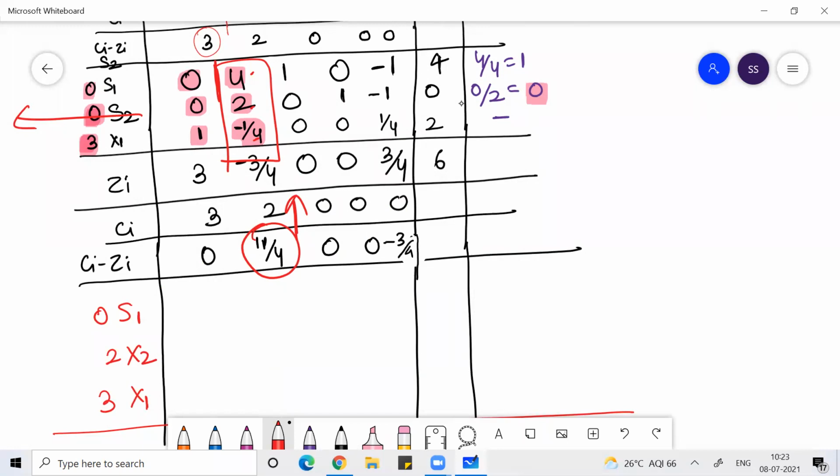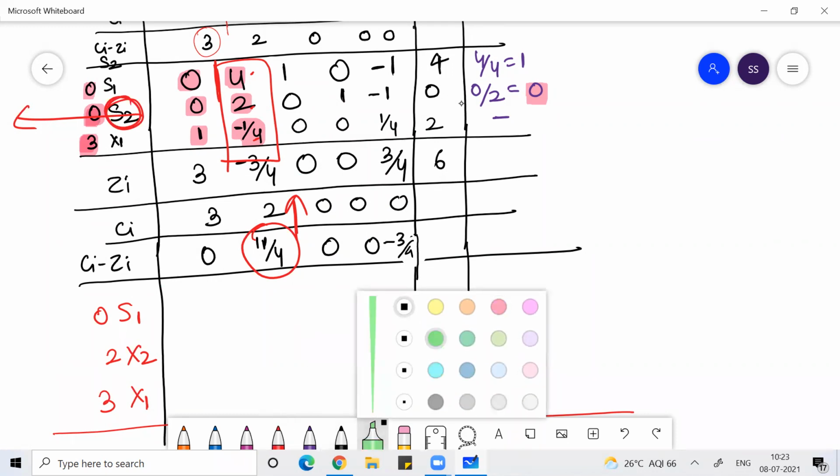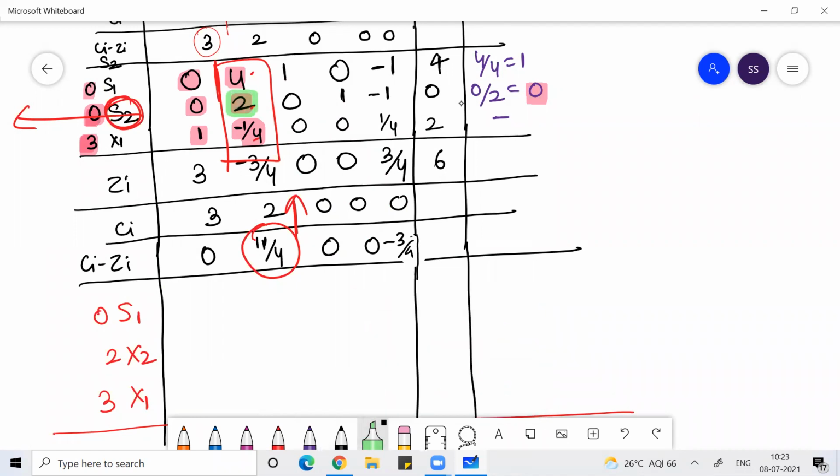Now S2 is leaving and in place of S2, X2 is coming. So what is the pivot element for you? Your pivot element will be 2. Can you understand this? 2 will be your pivot element.